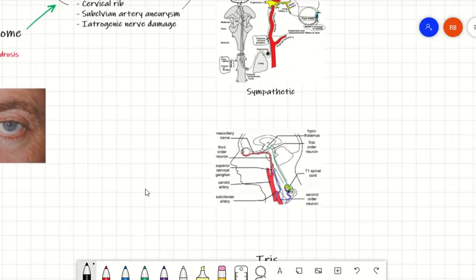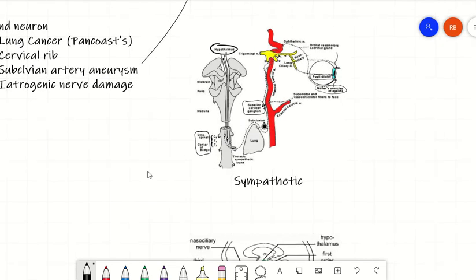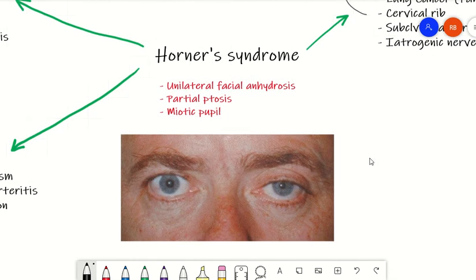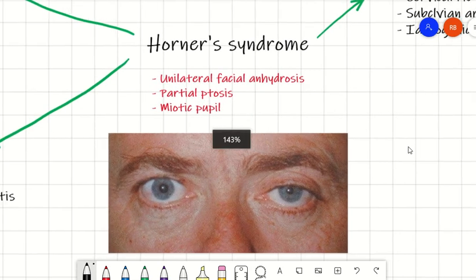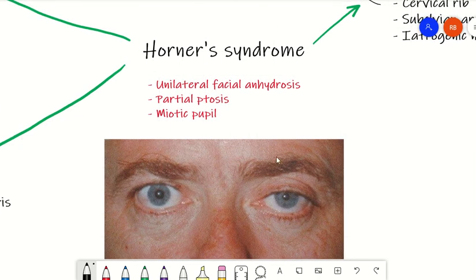So one of the main causes of a small unilateral pupil, an anisocoria affecting the sympathetic pathway, is Horner syndrome. Horner syndrome usually presents with a classic triad, although in a third of cases there is no determined cause, so we call it a syndrome.